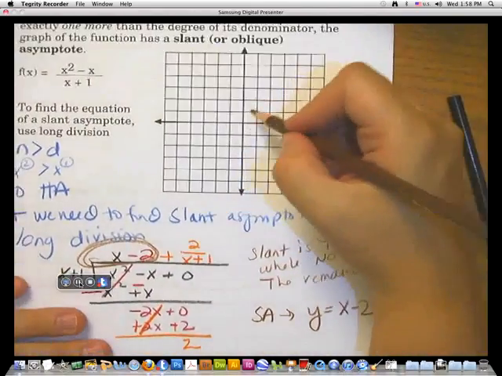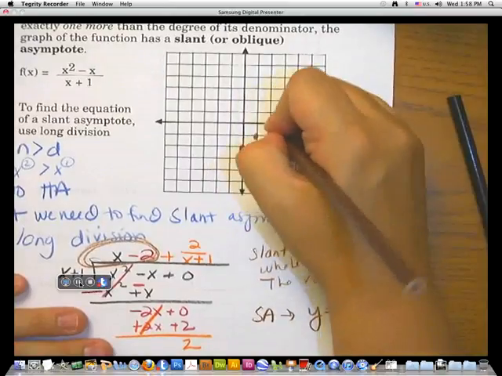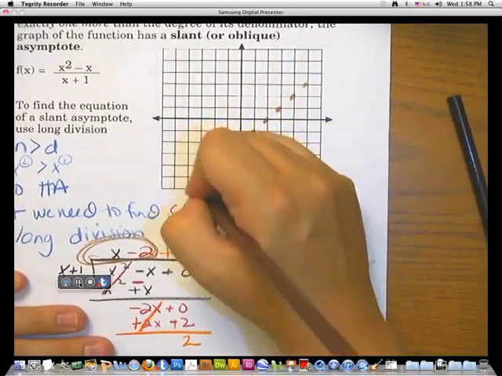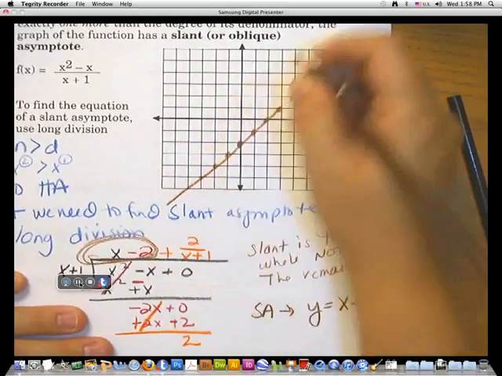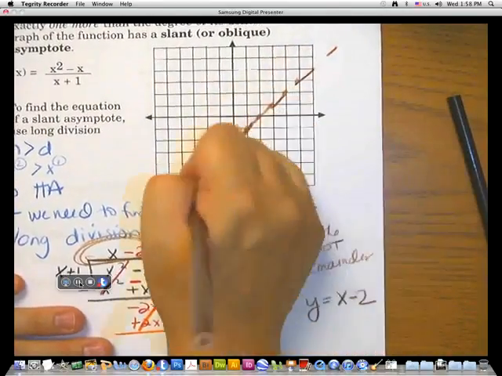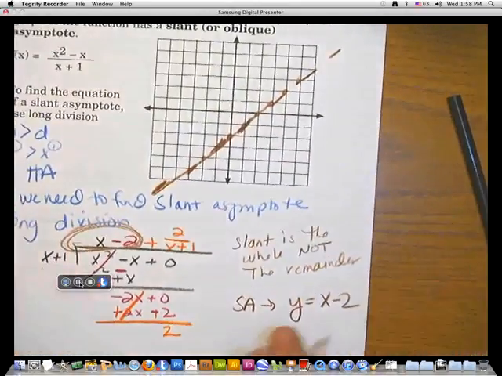So up here, we begin at -2. We do our slope, 1 over 1. Oops, dashed. Our dashed asymptote.